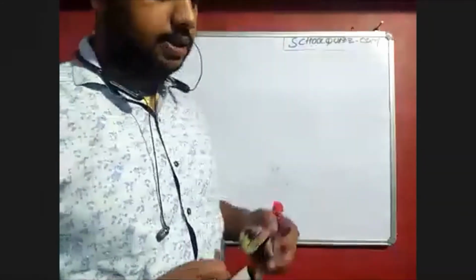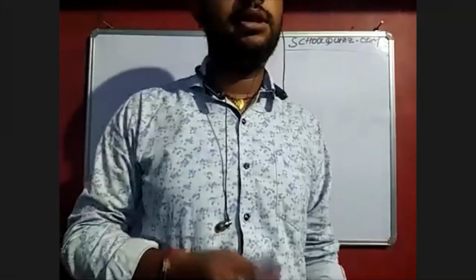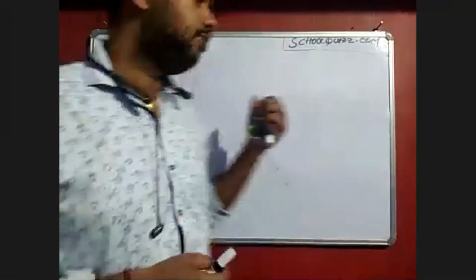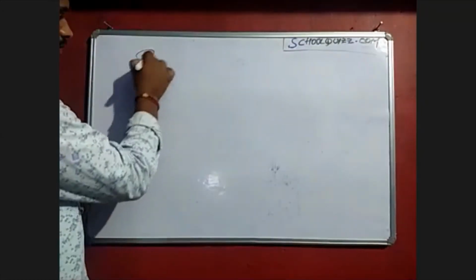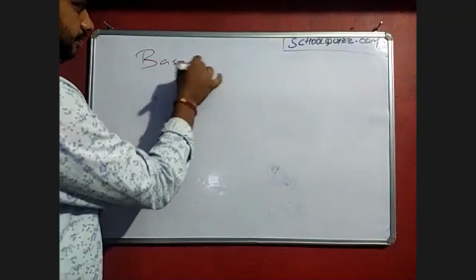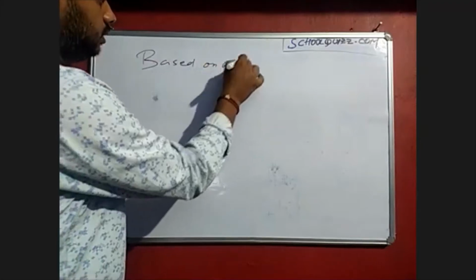In the last lectures, we did the types of triangles. I gave the types of triangles based on angles.